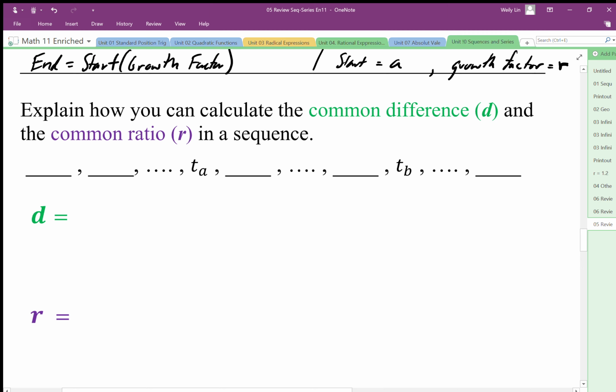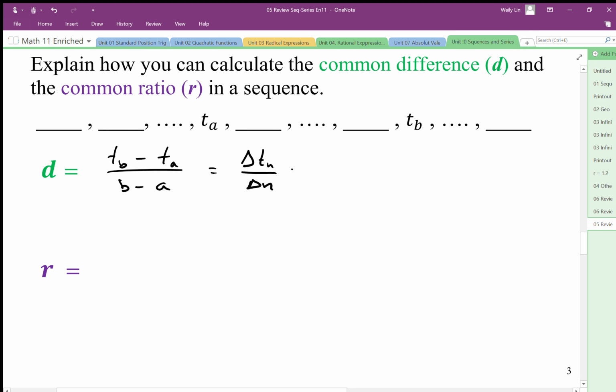The formulas are very similar, except the common difference is calculated using the slope formula, or using differences. If I have two terms, TB and TA, and I subtract those, I end up with the change in the Tn values. If I divide that by the change in n values, I get the average change per step, the common difference. This represents essentially the slope, but it works with the changes.